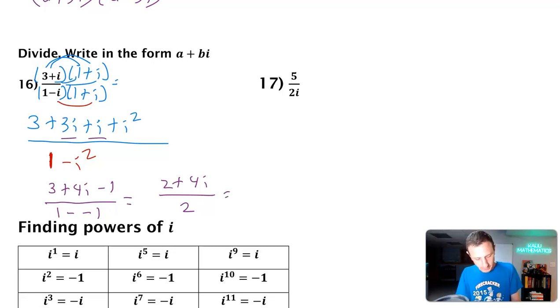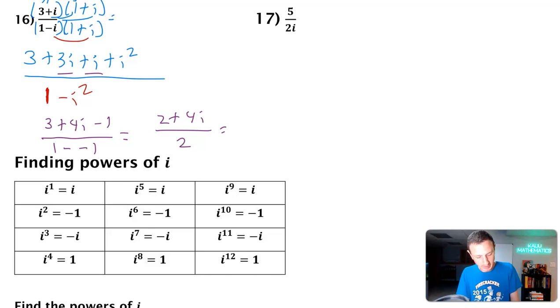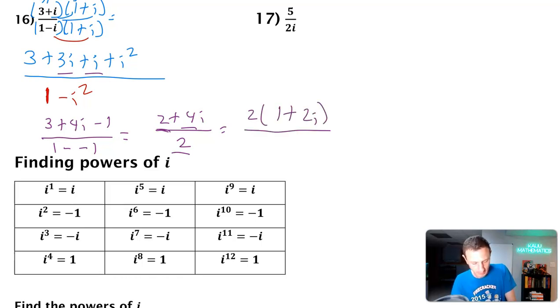So check this out. This can now be rewritten again. There's a couple different ways you could do this. You can factor out a 2 from the top, 2 plus 4i. You can factor out 2 because that's going to simplify with the 2. You can also just break it up into 2 fractions. I'm going to go the route of factoring out a 2. So I'm left with 1 plus 2i all over 2.